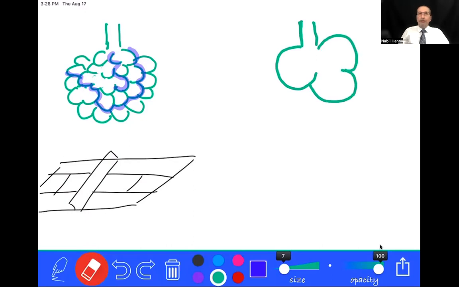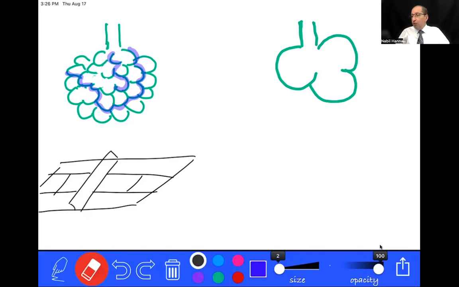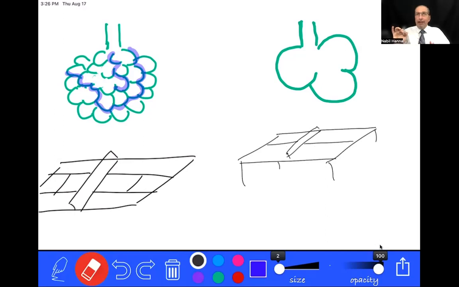big balloons. Tell me about the surface area now. What happened to the surface area? Great reduction in the surface area. So what was the surface area of a tennis court is now only the surface area of a table tennis table.